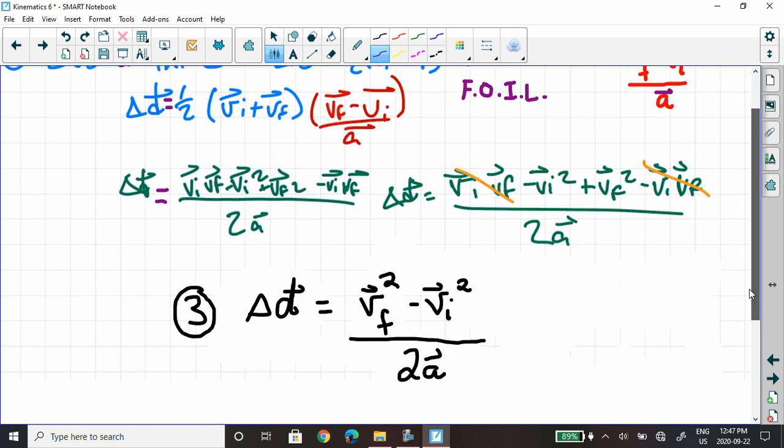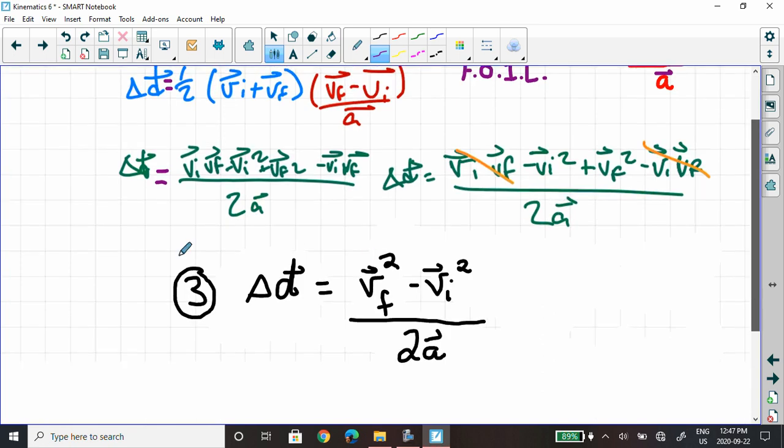Now, usually this equation is written just like this. And now we have a third equation for non-uniform motion when acceleration does not equal 0. There it is. Displacement is equal to velocity final squared minus velocity initial squared all over 2 times acceleration. That is our third equation.